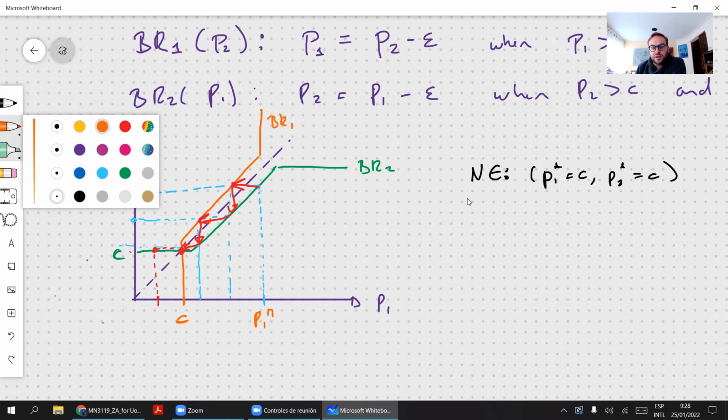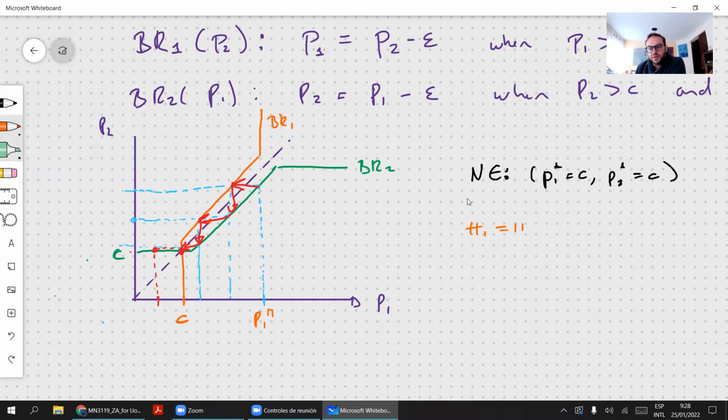It implies obviously that profits are going to be zero because price is equal to marginal cost, which also implies that for demand, you're going to have that P is equal to alpha minus beta Q. And so we can say that the overall quantity in the market is going to be alpha minus C, because the price is equal to the marginal cost, divided by beta, which is the same that you would have if you had perfect competition, right?